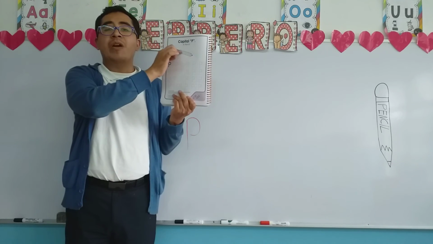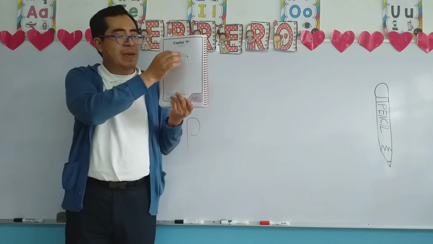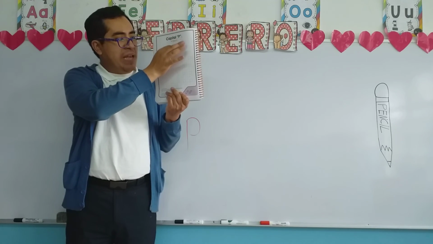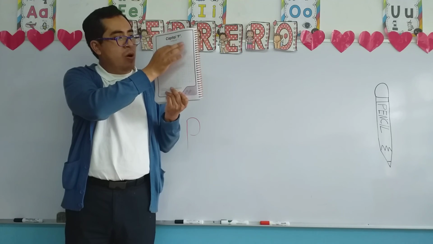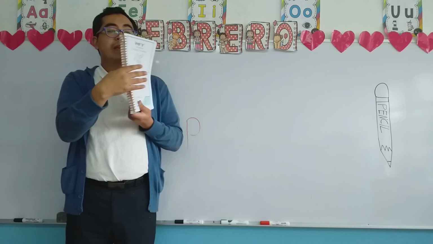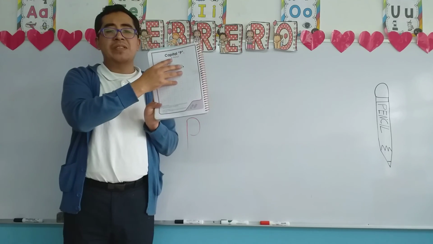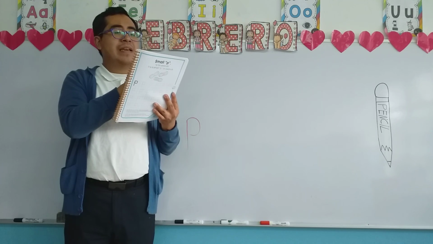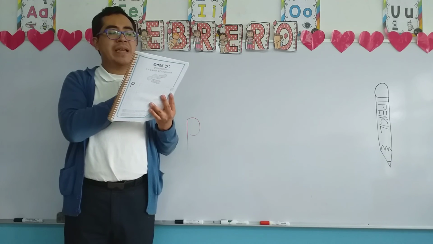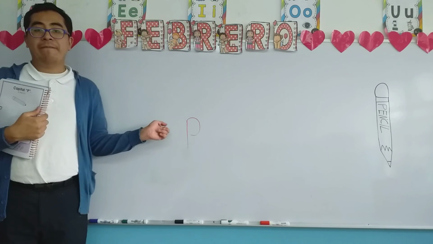Also, while you are painting it, don't forget to repeat the name of the object. Pencil. Pencil is a school object. Okay? Very good. Now, on top of the activity, we have a small sentence and it just says a pencil. Únicamente dice un lápiz. Capital P.